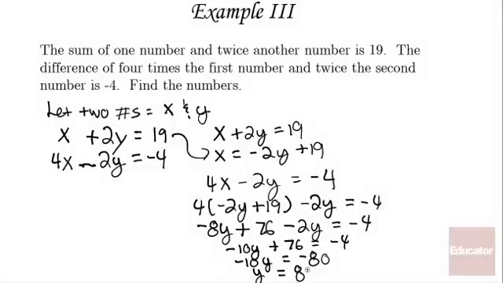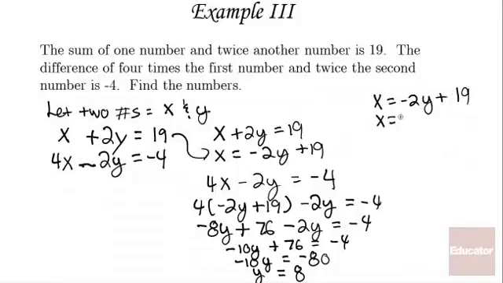equals 8. Now that I know that y equals 8, I can substitute into either one of these originals, or even easier would be to use this form because it already has x isolated. So I'm going to take that y equals 8 and substitute it into this equation.